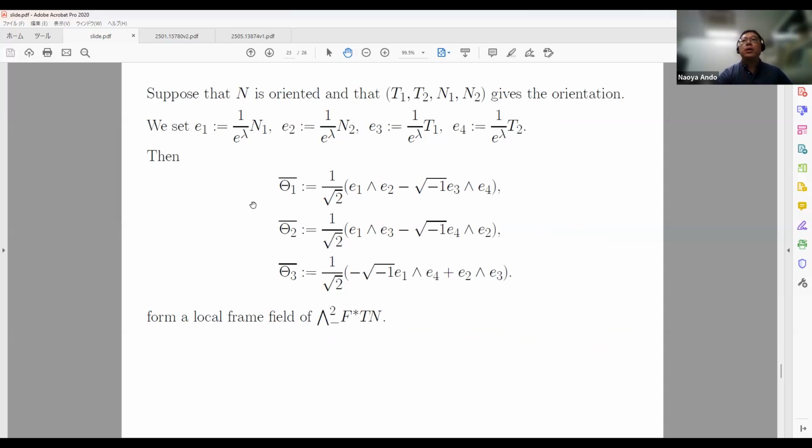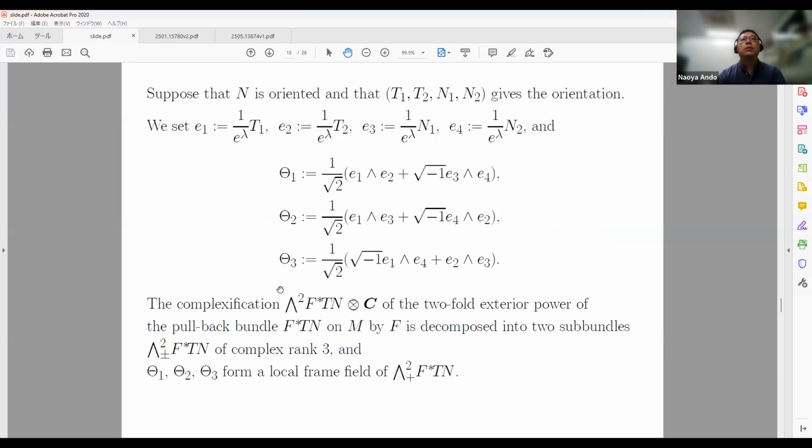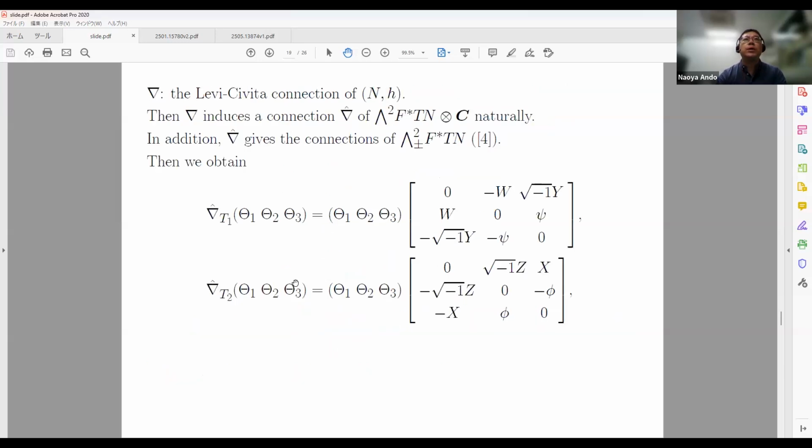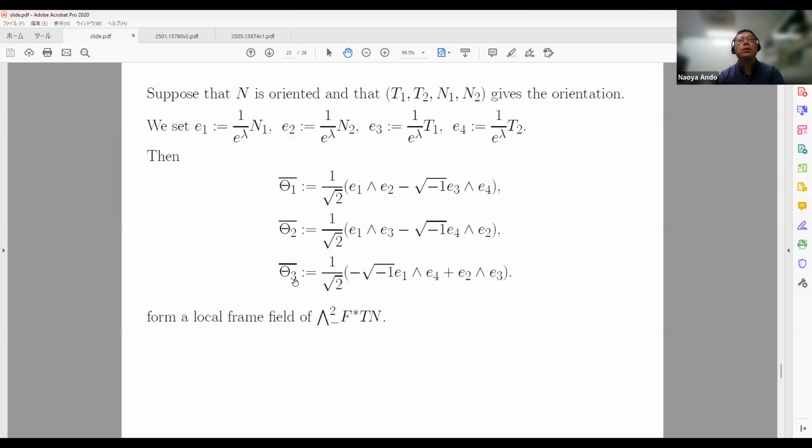Then theta 1, theta 2, theta 3 are given like this. The conjugates of these theta 1, theta 2, theta 3 are represented like this.